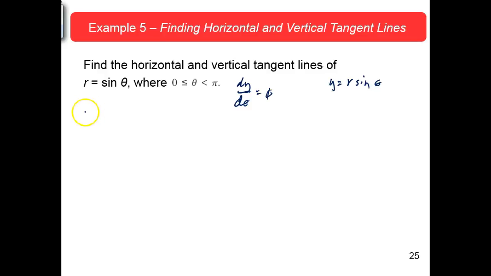So your y would then be r sine squared theta, right? Because y is r sine theta, but r is sine theta, so this is r sine squared theta. Now we can do dy d theta, okay?